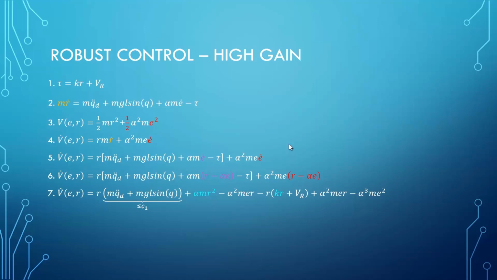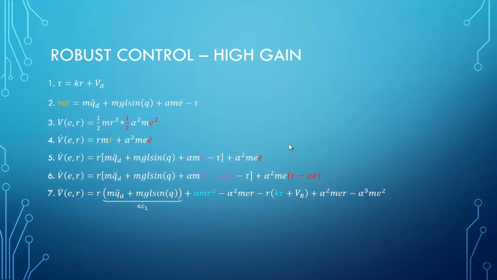You can cancel some terms, and some terms are left, and you can regroup the whole equation. So next, we also substitute our control into here. We substitute tau into here, which will result in these terms. And this r is coming from the r in front of the bracket. So next, we are almost done.